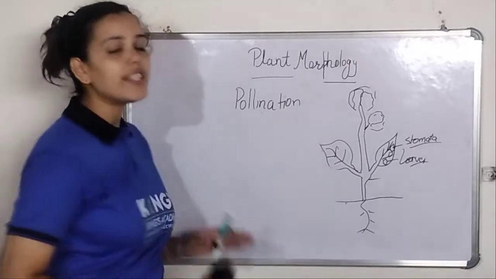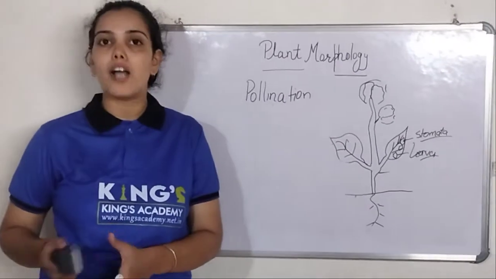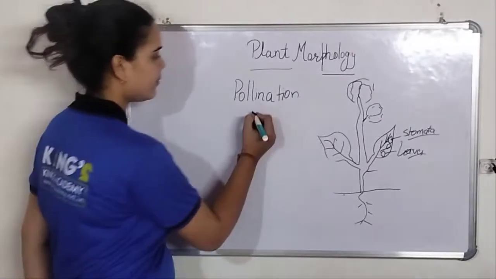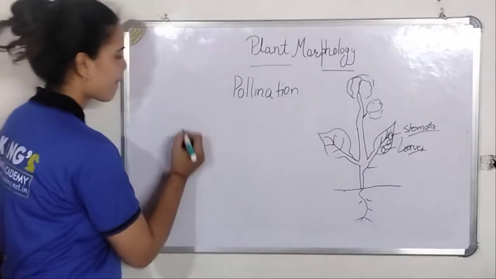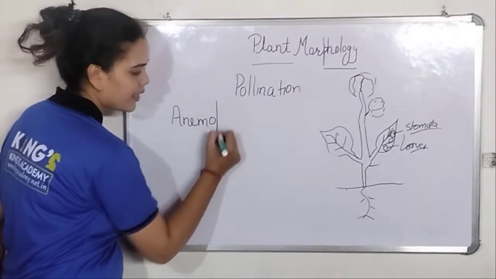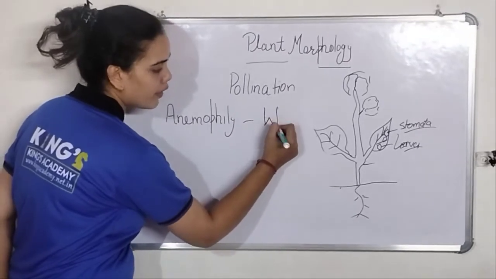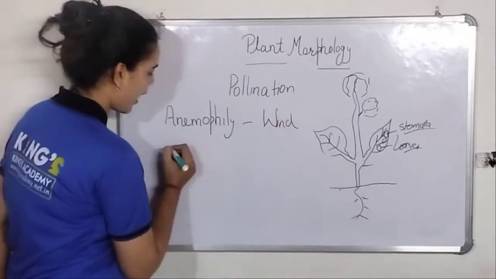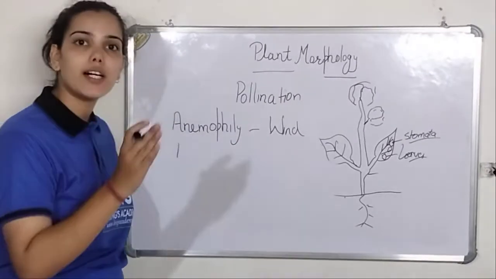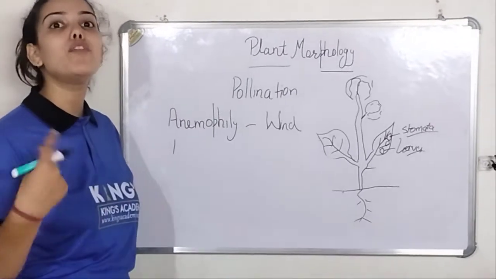When pollen grains from the male part of the plant reach the female part of the plant with the help of wind, it is known as anemophily. Hydrophily is when pollen grains reach the female part of the plant with the help of water.